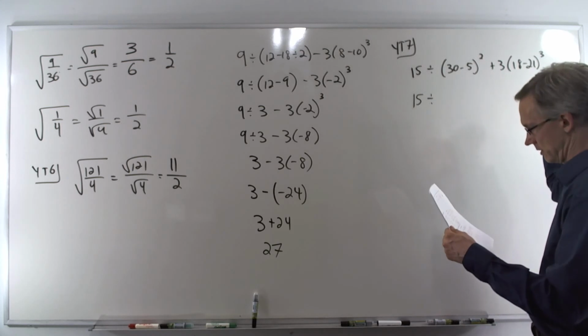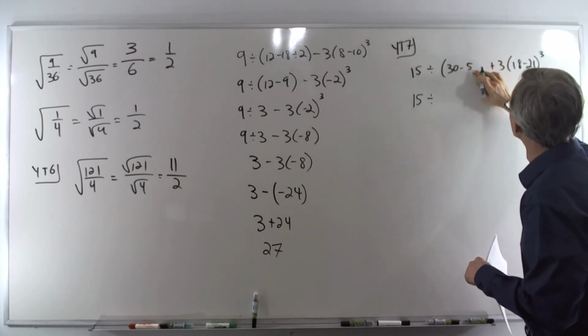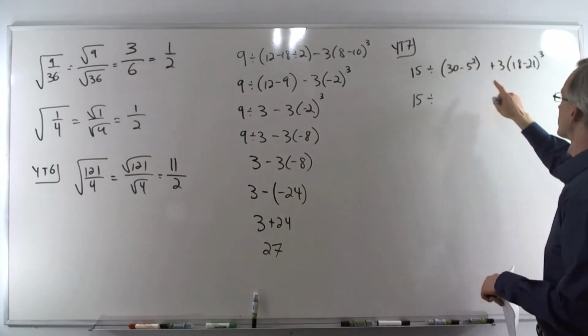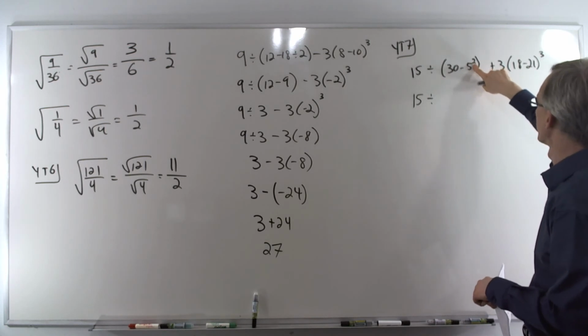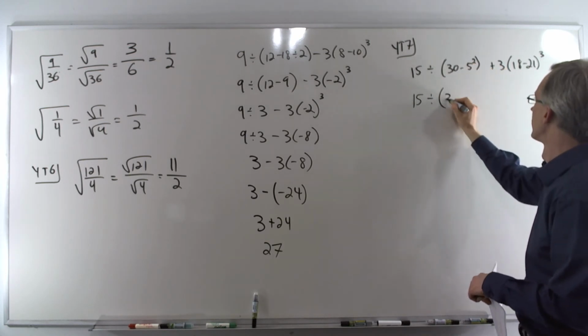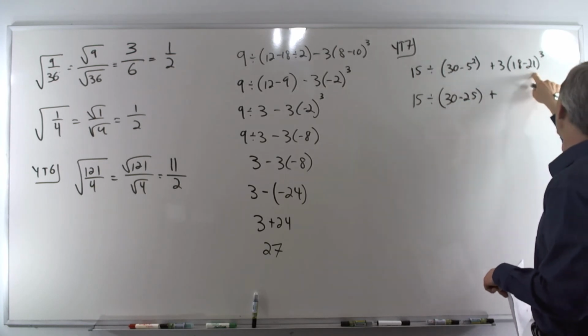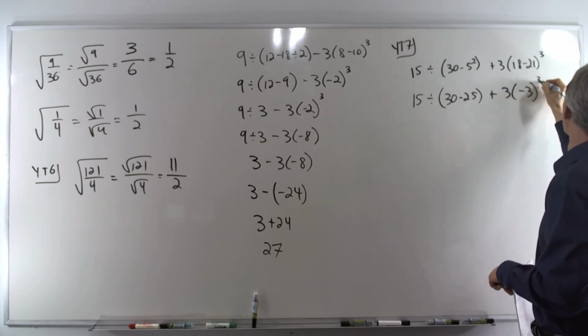I believe that's supposed to be 5. There we go, 5 squared. Okay, so we're going to start inside these parentheses, doing order of operations. We'll start with the exponent, so 30 minus 25. And here we got 18 minus 21, that is negative 3. So that's 3 times negative 3 to the third power.